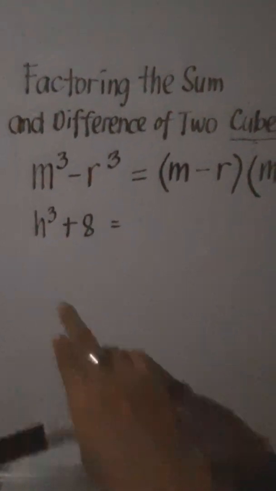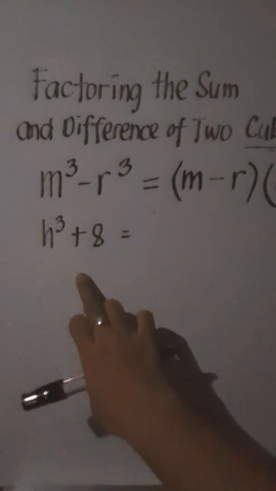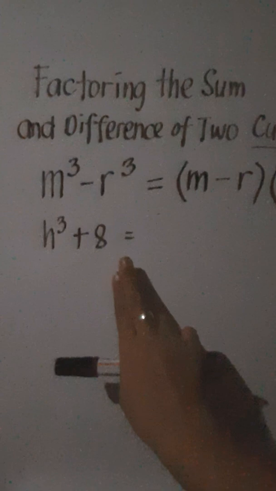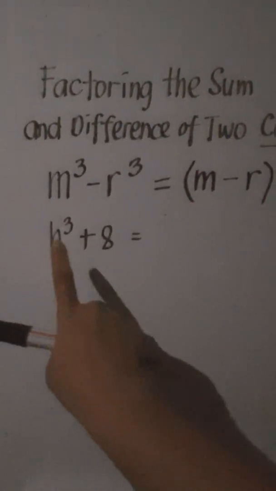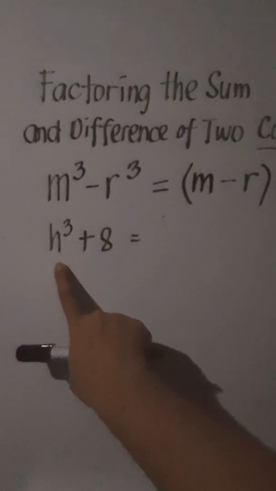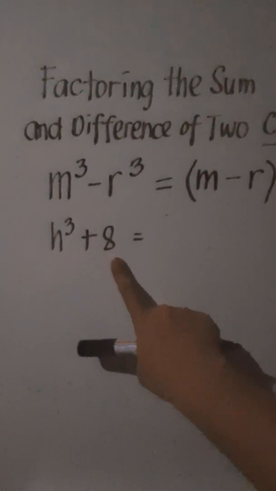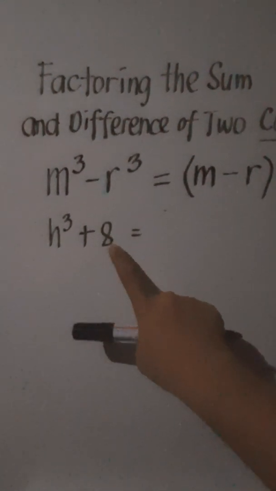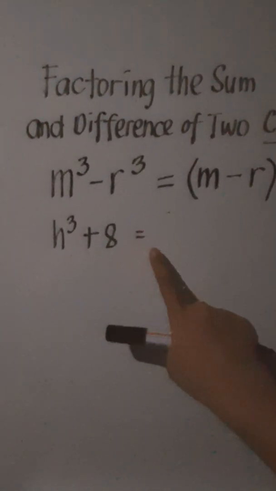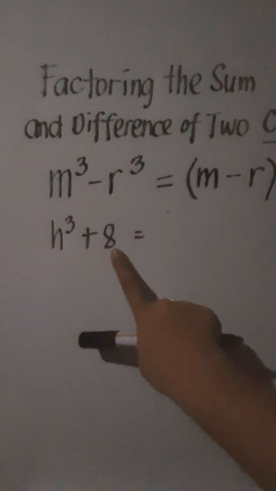Second example, we have here h cubed plus 8. So, balik, ato yung i-make sure na cube ni silang duha. So, h cubed is obviously a cube. Si 8, we already know sa atong example ganina na cube sad because 2 times 2 times 2 is equal to 8.